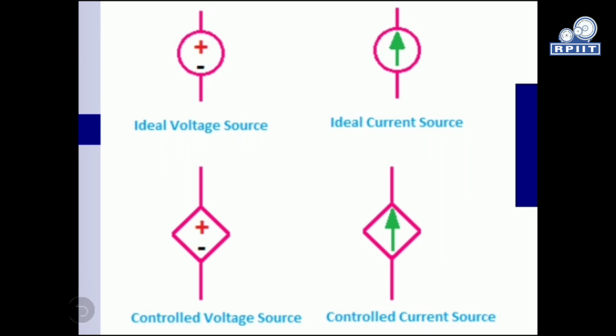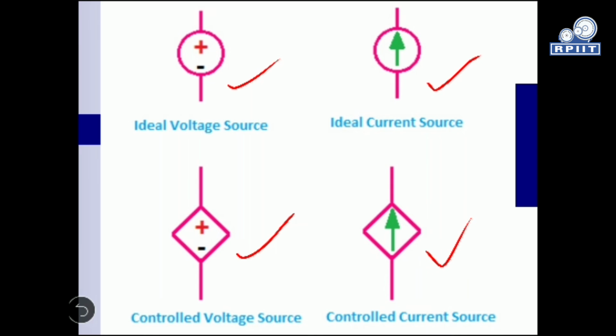So the ideal voltage source will be represented like this one, and the ideal current source will be represented like this. Similarly, the controlled voltage source will be represented like this. So we can control the voltage, and the controlled current source will be represented like this. The same thing we can also represent as dependent or independent sources.